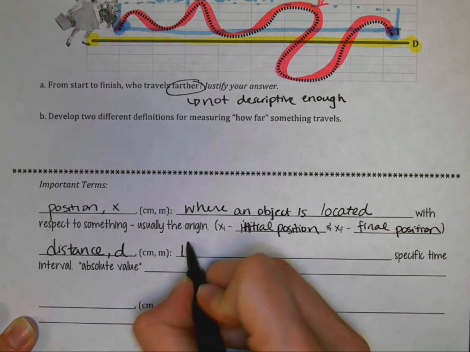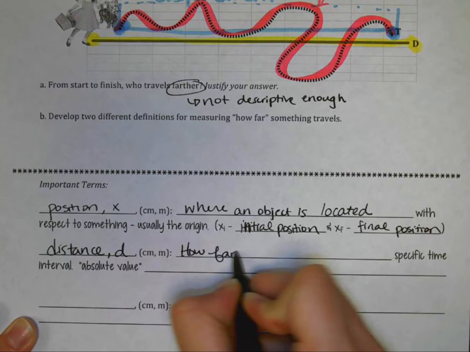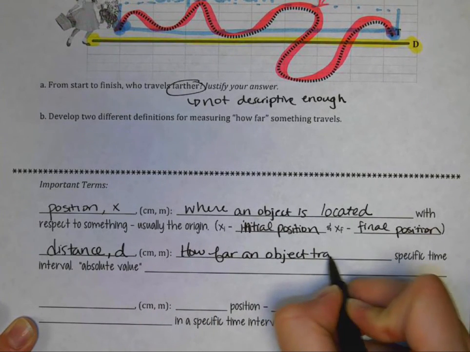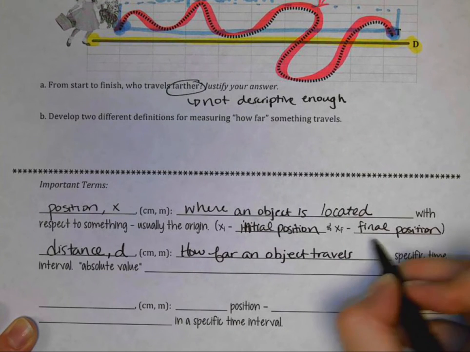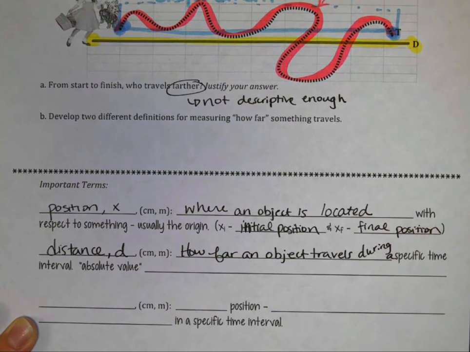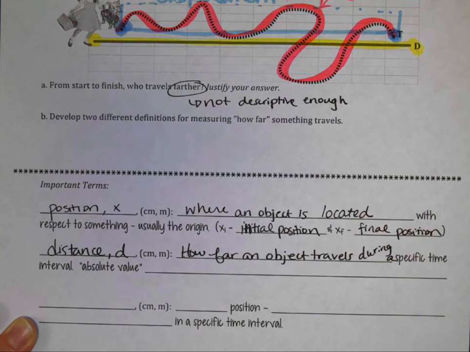This one is how far an object travels during a specific time interval. It's also considered the absolute value. It's not taking into consideration direction.